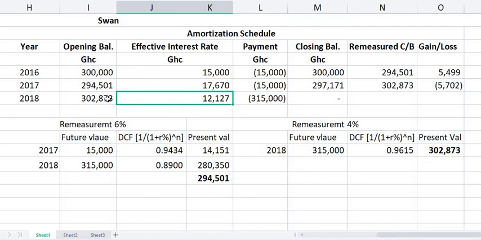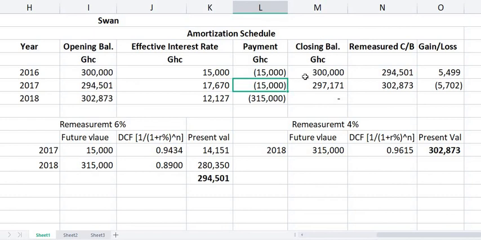You can also try it. Calculate 4% of this, and it will be approximately this value. So it is always advisable to do it so. We could see that this is quite different from the previous ones we've done. In this, we established that the closing balance of the ensuing year should be equal to the present value of the future unpaid amount.